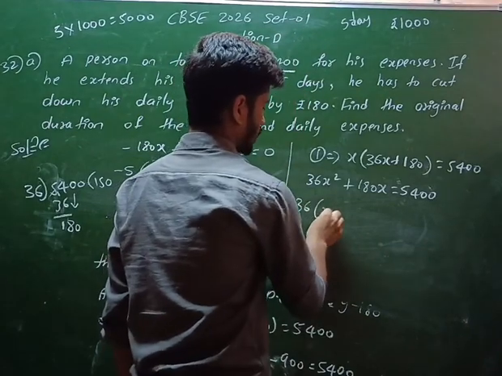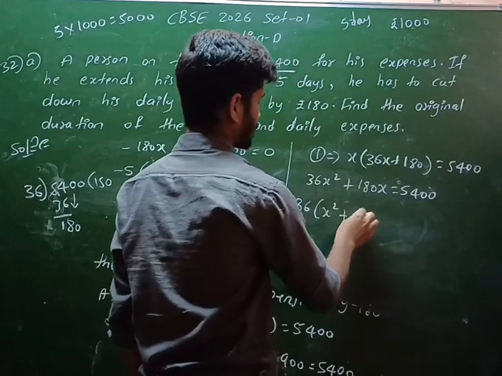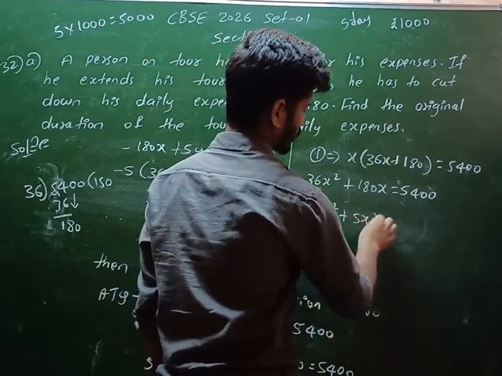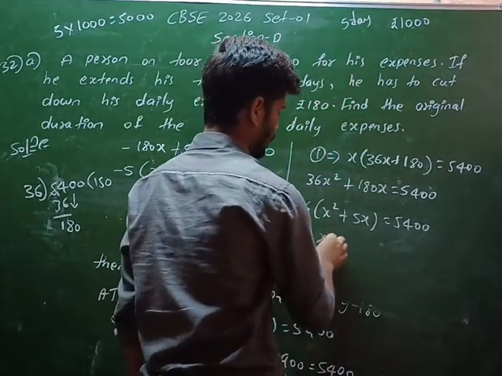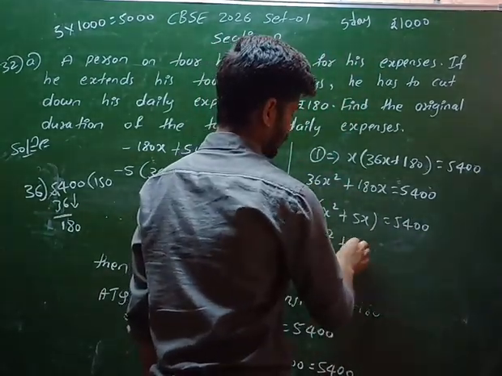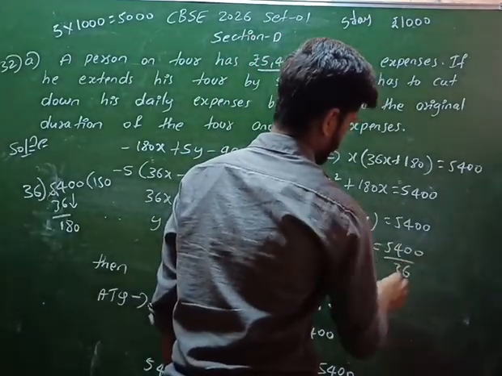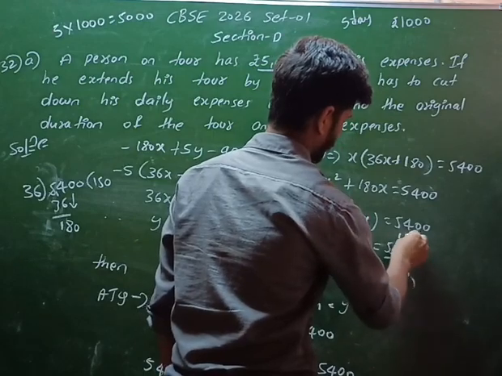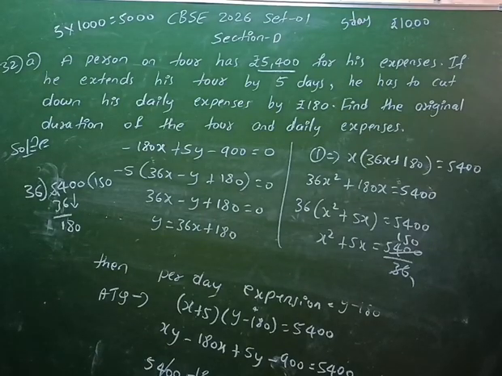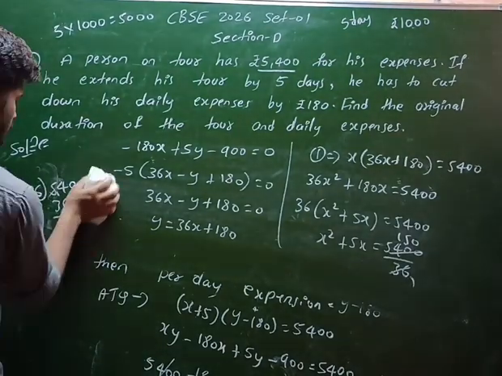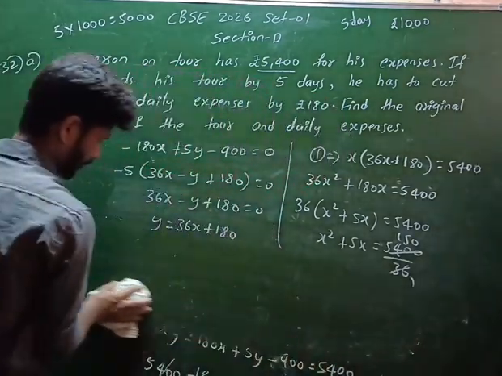If we take 36 common, then x square will be there, plus 5x, equal to 5400 by 36, which is 150.